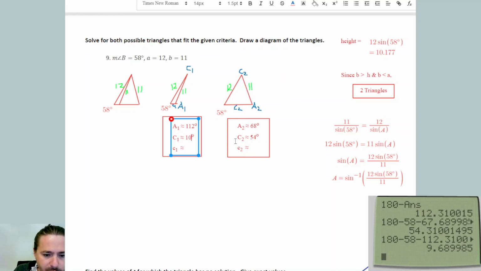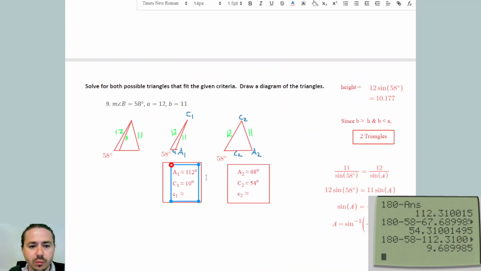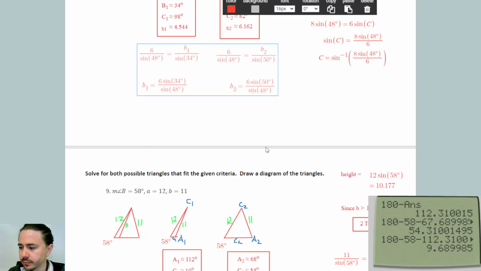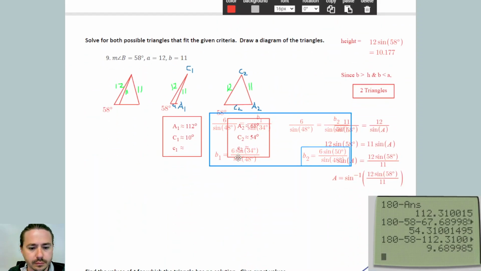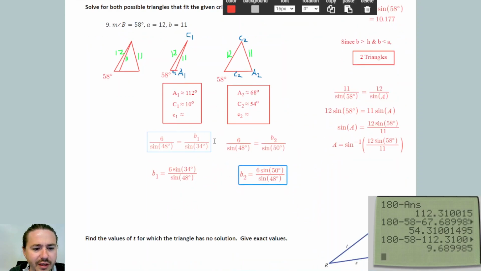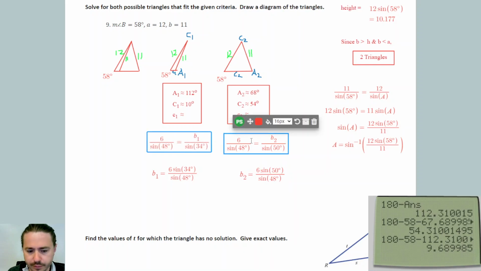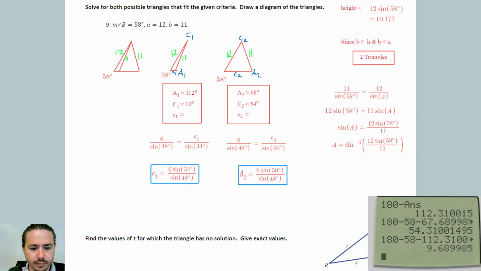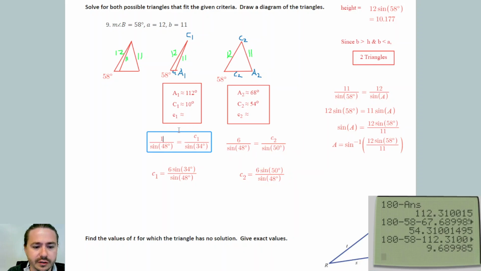All right, so now let's find the sides, which we will use the law of sines to do. Hopefully we don't mess this up like the last one. In this case, we're trying to find C, not B. So we'll have the known pair, which is 11 over sine of 58.